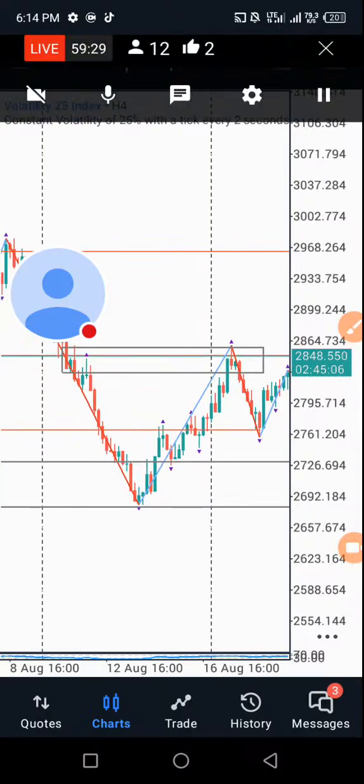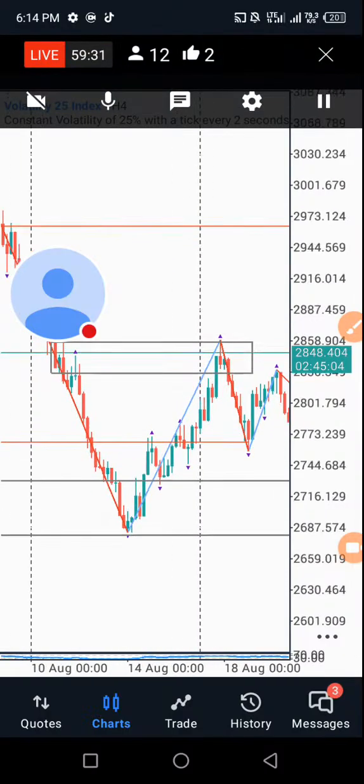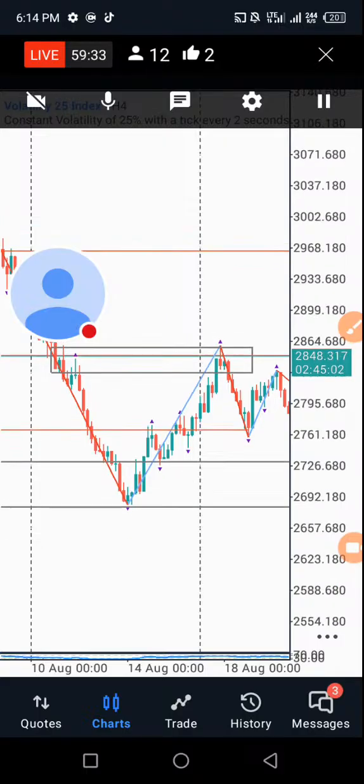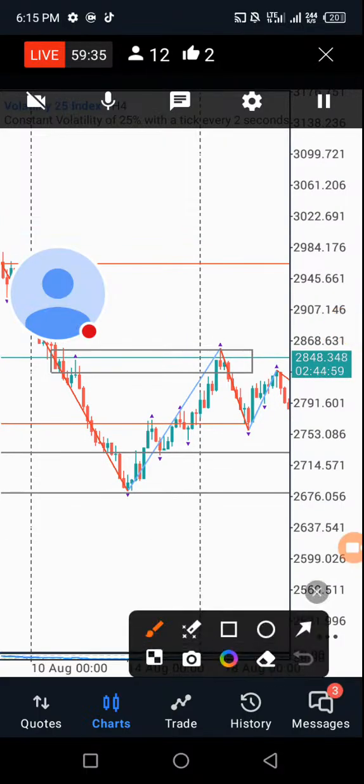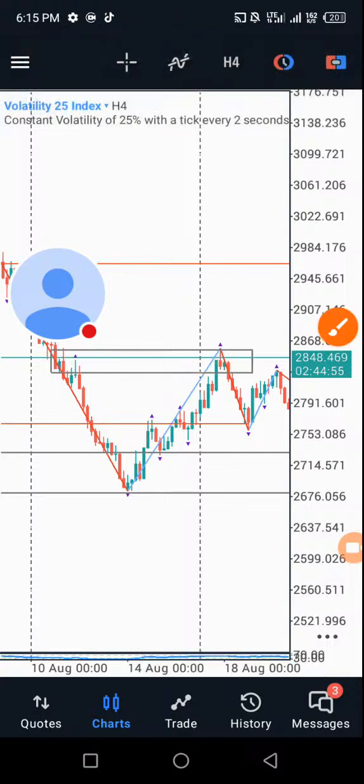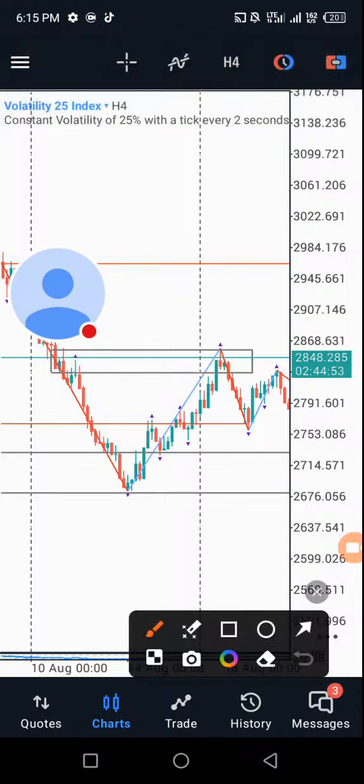Okay, so now whenever you see something like this in the market, you notice that the market is reacting from this level here.